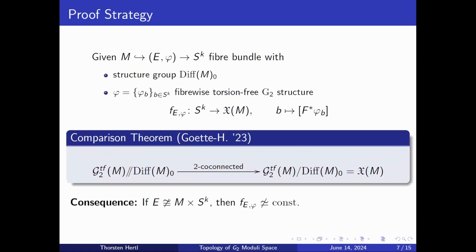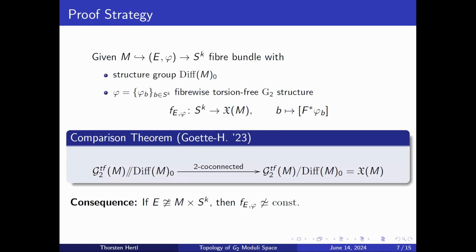Recall that the classifying space of diffeomorphism groups classifies manifold bundles. So to construct this example from the previous slide, we make use of the following data. We use a fiber bundle of G2 manifolds over S^k, with structure group the identity component of the diffeomorphism group.